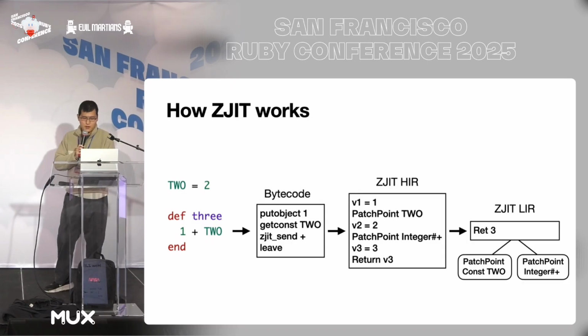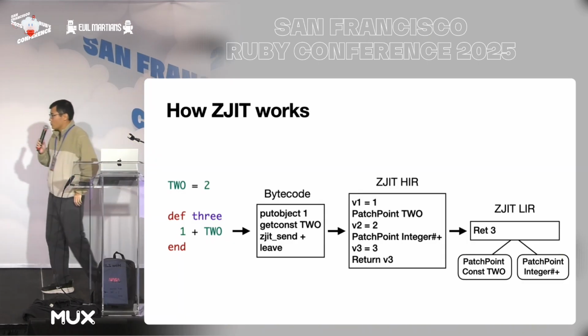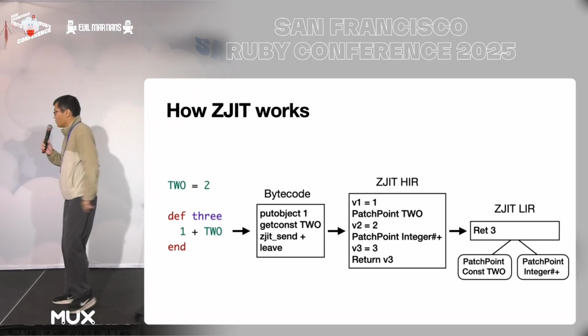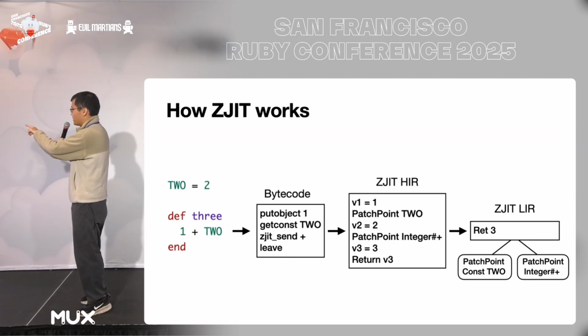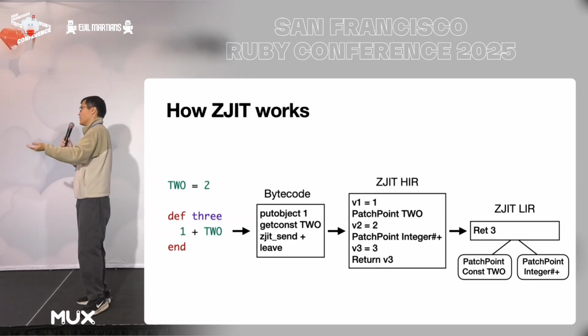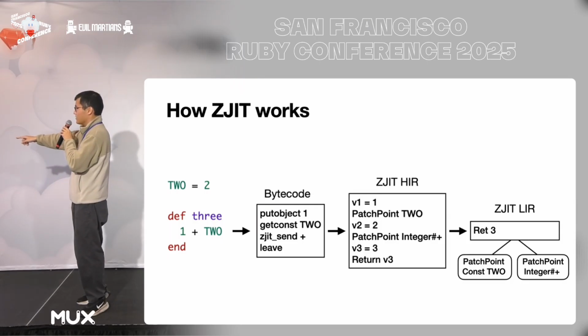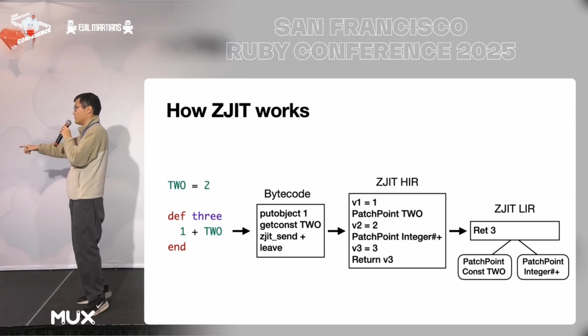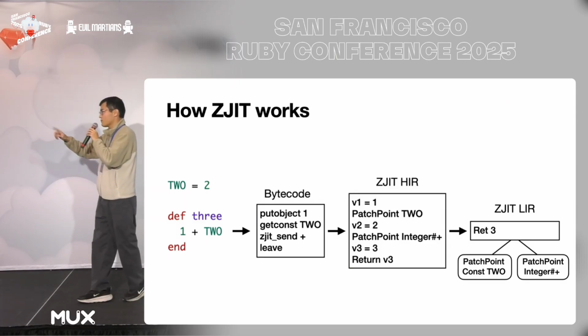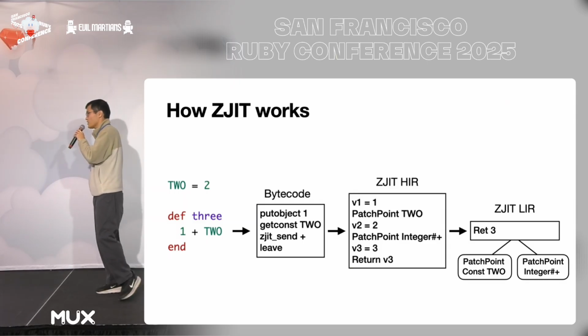So we now have 1 and 2, that is, V1 and V2 are not explicitly written, but this patch point is going to use V1 and V2. So it's not going to be written by the generated code, but V3 has the value 3 that's added by the compiler. 1 plus 2 is already pre-computed at compile time.